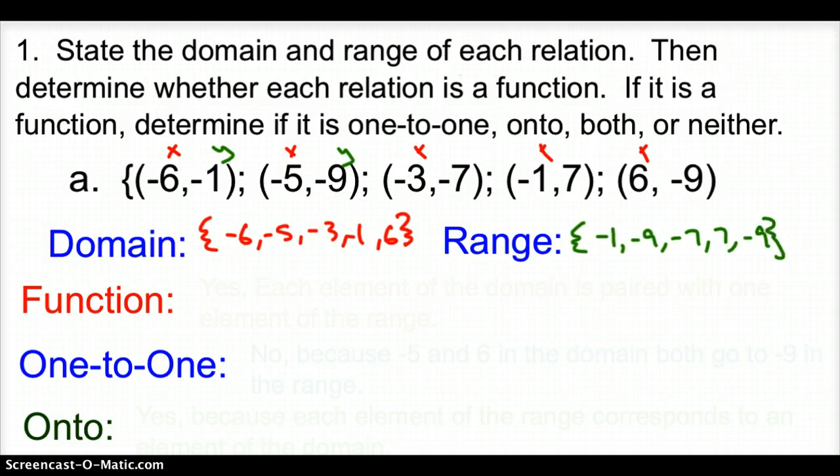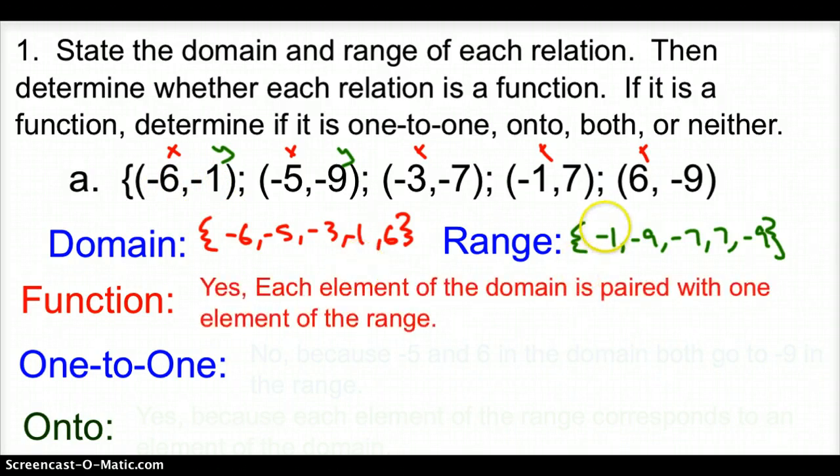-9. So now, is it a function? Is there any x that goes to two y's? No, there is not. So yes, it is a function because each element of the domain is paired with one element of the range. Is it one-to-one?